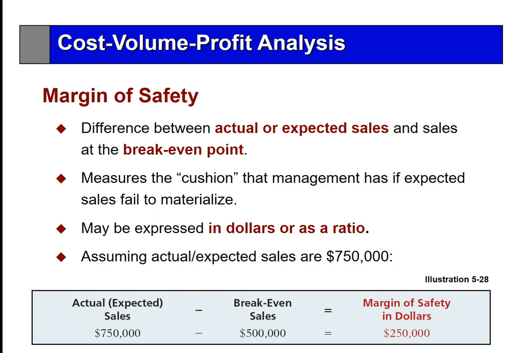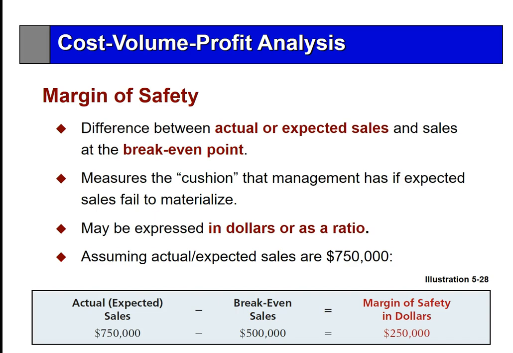So if one company had a cushion of 200 units and another company is selling 1,400 units and they need 800 to break even, they have a 600 unit cushion. Sales could fall by 600 units before they're not any longer profitable.